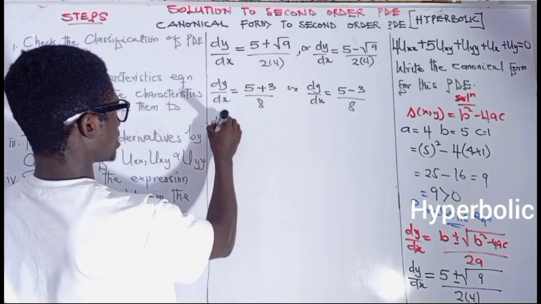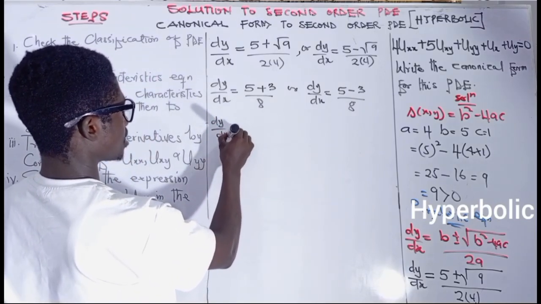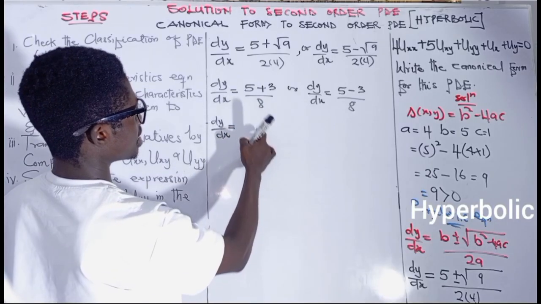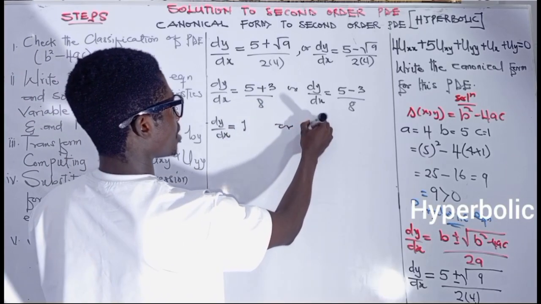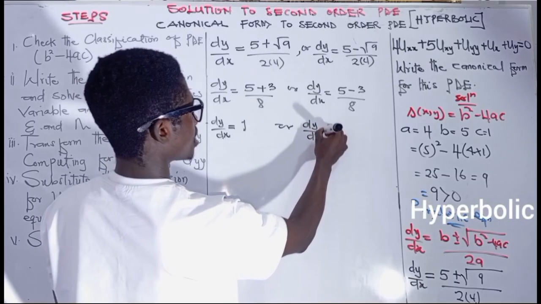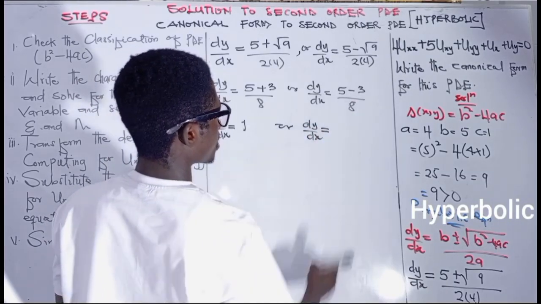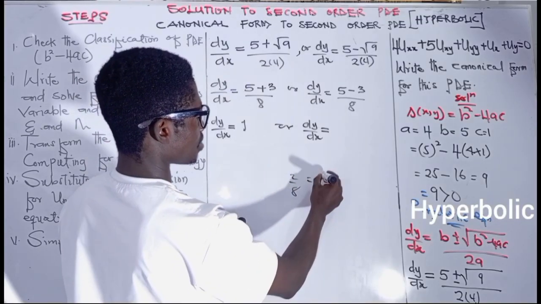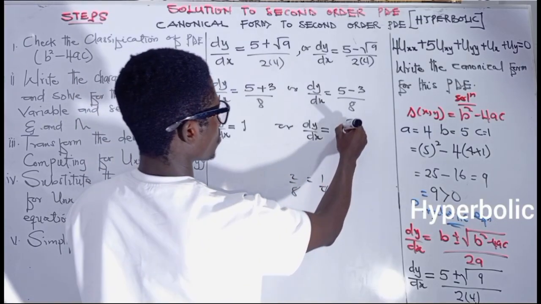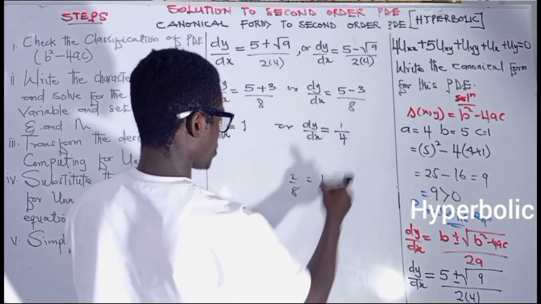So from here we can say that our dy/dx is equal to, this is going to give us 8. 8 divided by 8 will give us what? 1. Then we have our dy/dx here equal to 5 minus 3, which gives us 2. 2 over 8. That's going to give us what? 1 over 4. So we have 1 all over 4.